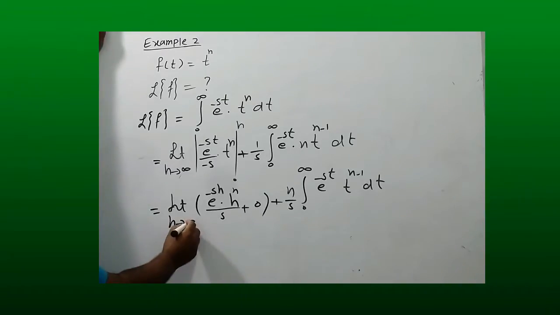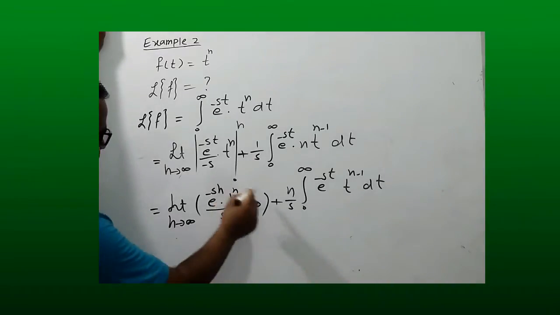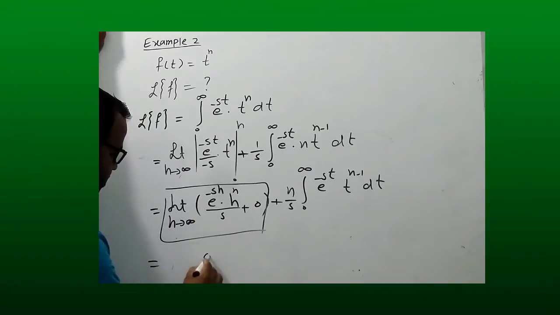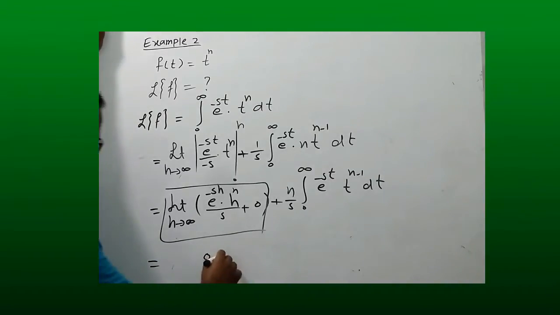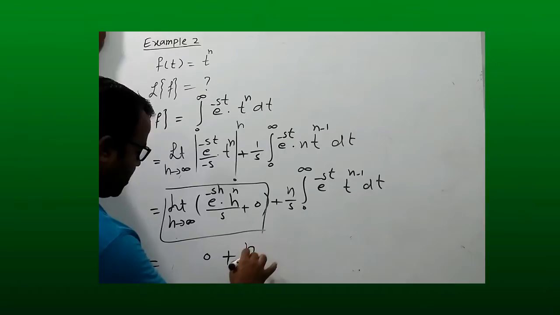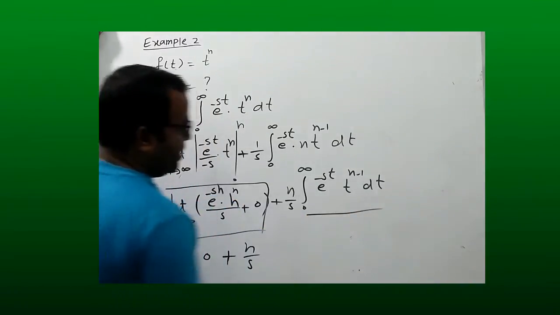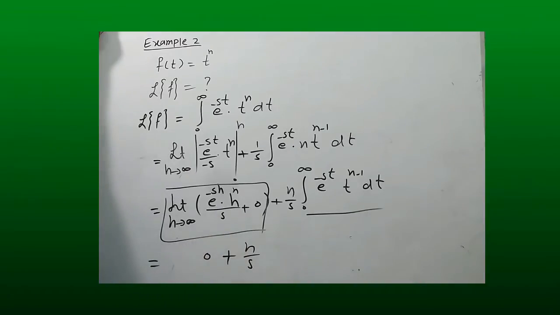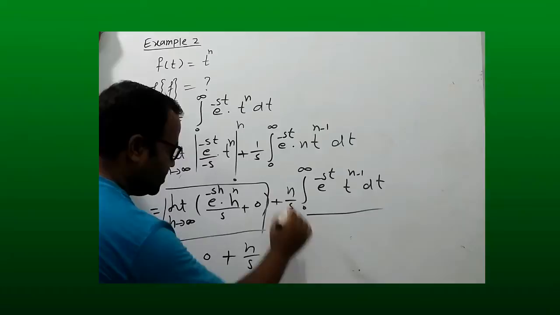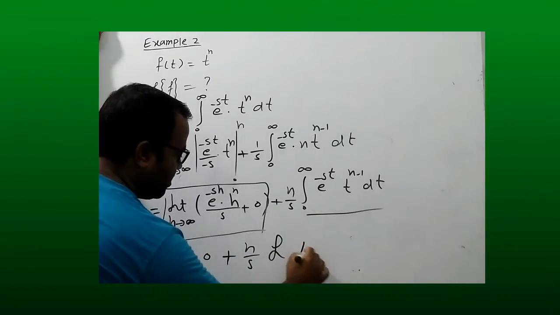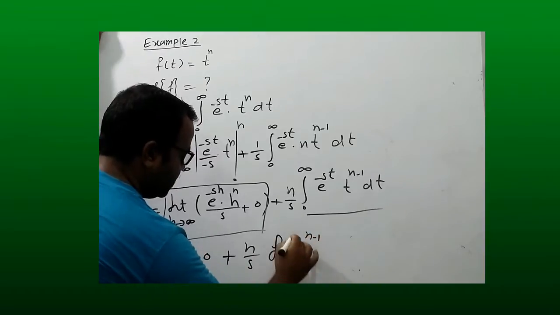So by applying the L'Hopital rule on this term, it will convert into 0. So it is again n by s, and by the definition of Laplace transformation, it can be written as the Laplace of t raised to the power n minus 1.